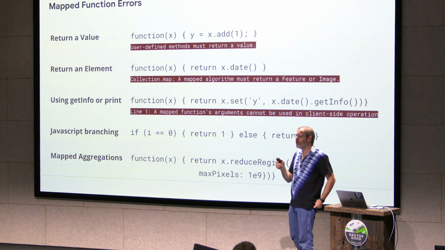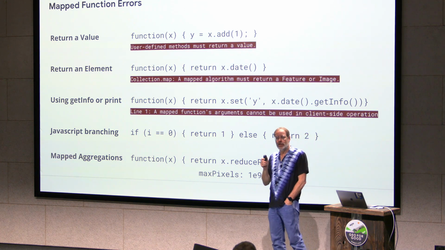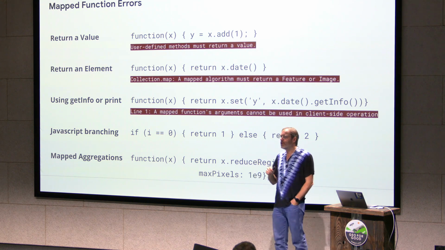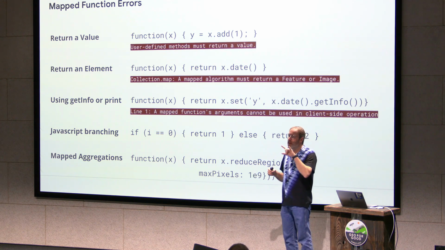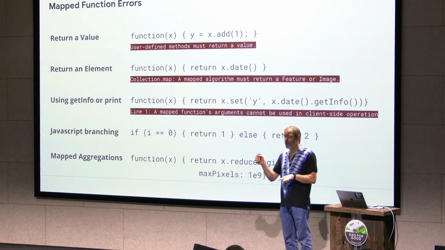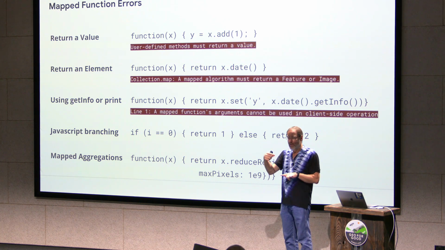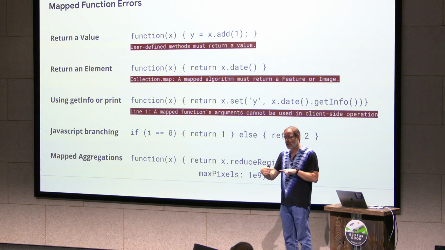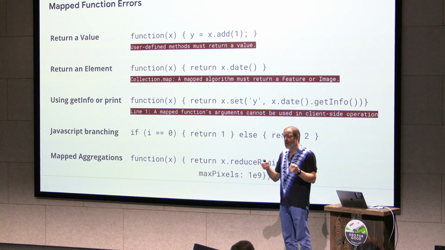When you've got a function in your JavaScript and you map with it, we actually run that function once with a proxy object, like an ee.Number proxy object. As that number bounces through your function and does its thing, it collects computational descriptions. You're doing things to a proxy object.